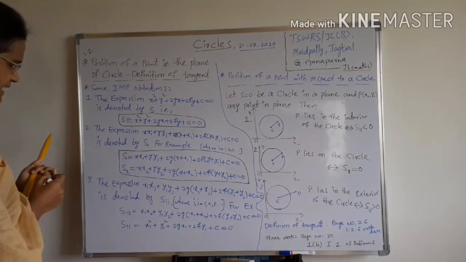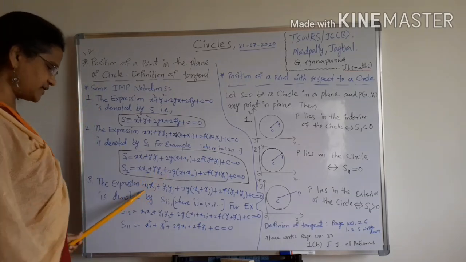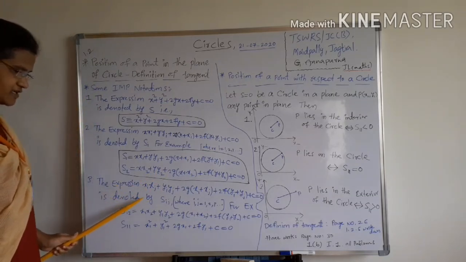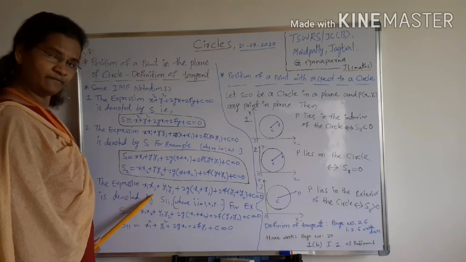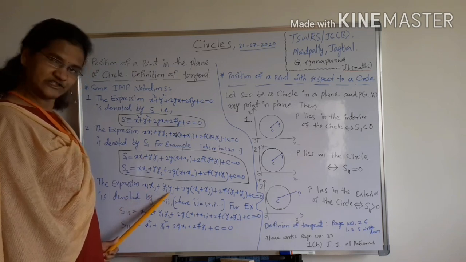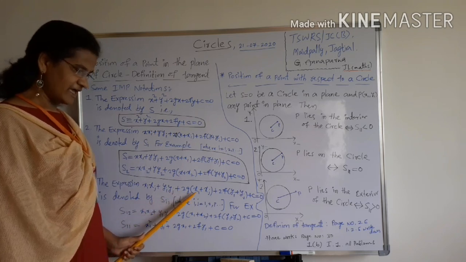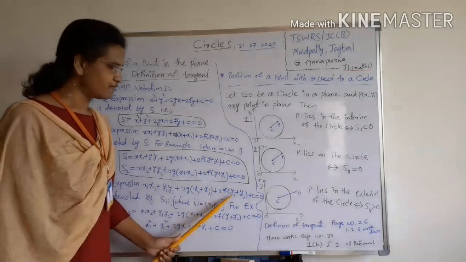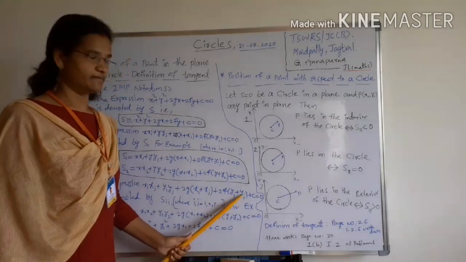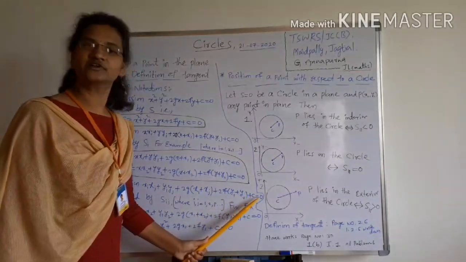Again, one more, the third notation. See the expression xi xj plus yi yj plus 2g of (xi plus xj) plus 2f of (yi plus yj) plus c is equal to 0.